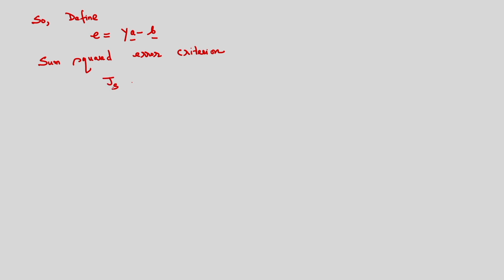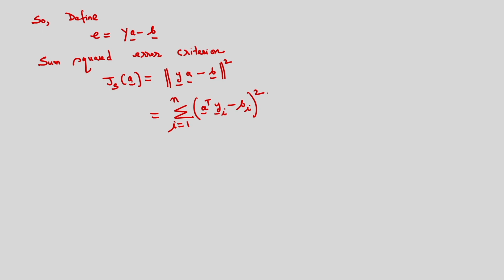So this criterion function I can write like this: JSA is equal to mod Ya minus b, squared. This can be written as summation from i is equal to 1 to n of (A transpose yi minus bi) squared.